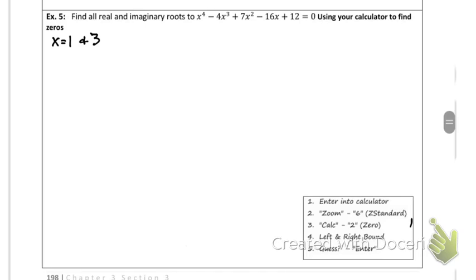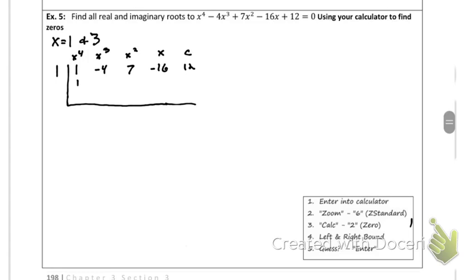So we're going to use synthetic division to factor out x minus 1. With synthetic division, I don't need it that big. I'm trying to save some room. We're going to have 1x to the 4th, negative 4x cubed, 7x squared, negative 16 x's, and finally, a constant of 12.